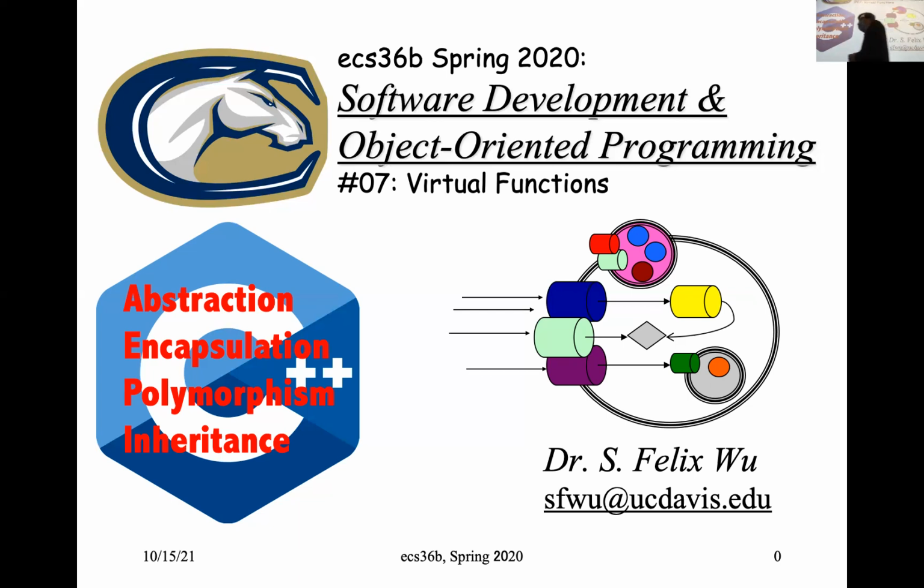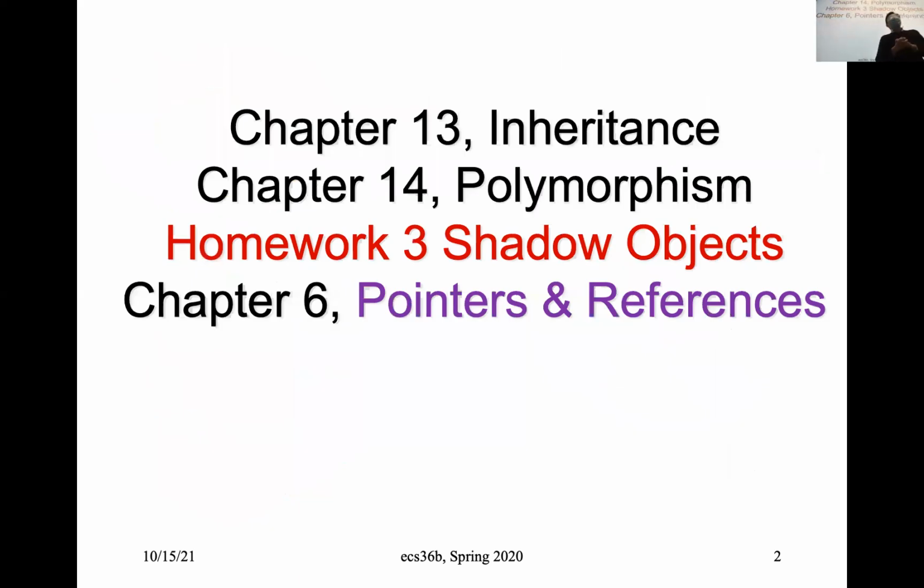The first topic is virtual function, which I'm going to talk about today. The next topic is multiple inheritance and virtual inheritance. But then there is another topic related to homework 3, called shadow objects.